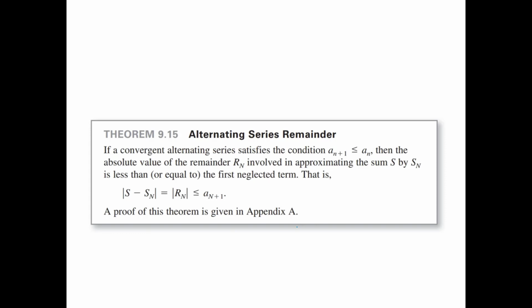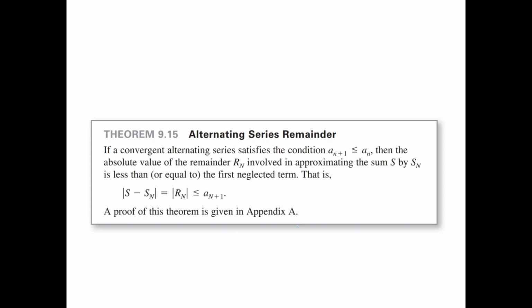If a convergent alternating series satisfies the condition that a_{n+1} is less than or equal to a_n, then the absolute value of the remainder R_n involved in approximating the sum S by S_n is less than or equal to the first neglected term. That is, the absolute value of S minus S_n is equal to the absolute value of R_n, which is less than or equal to a_{n+1}.